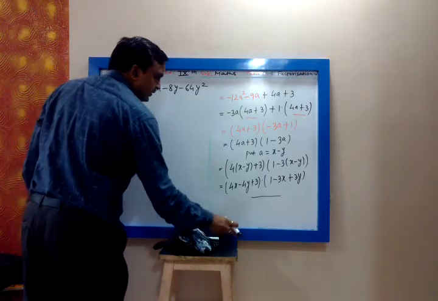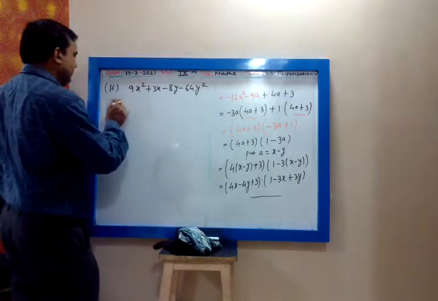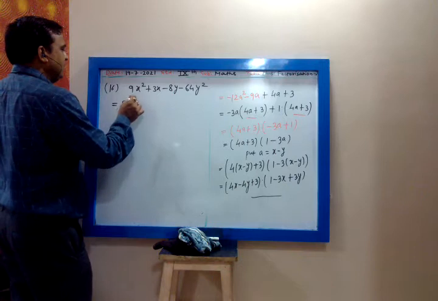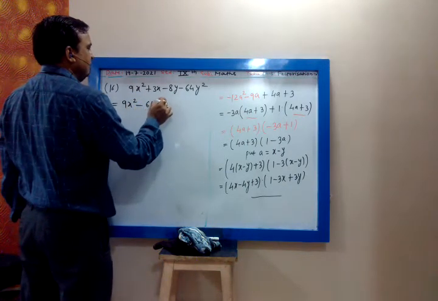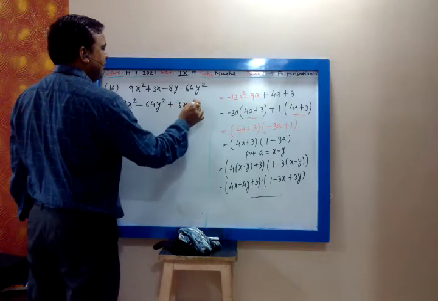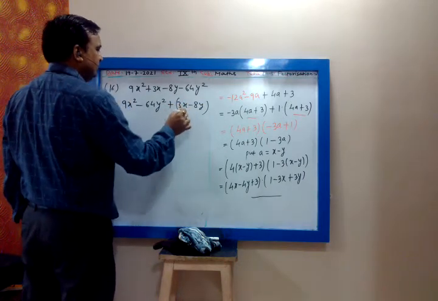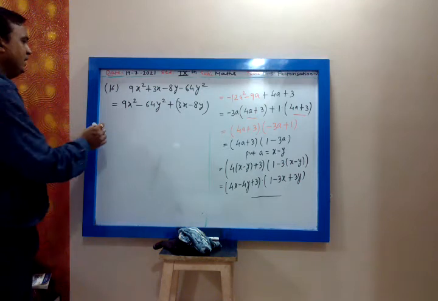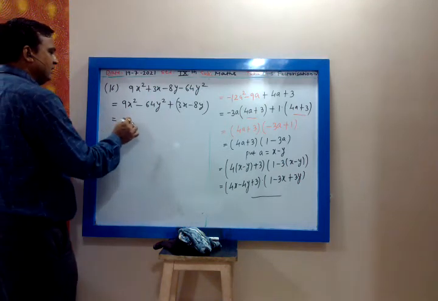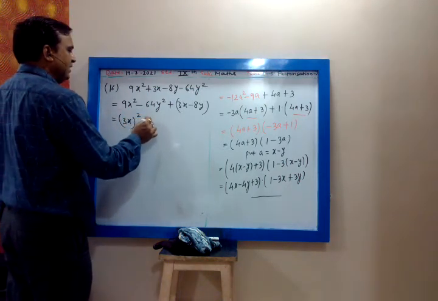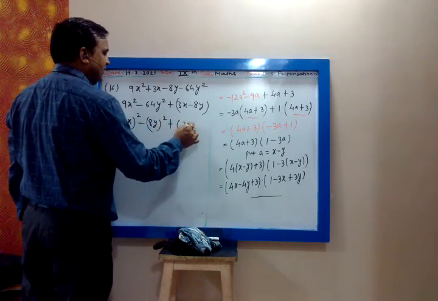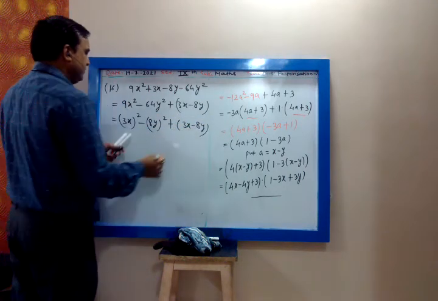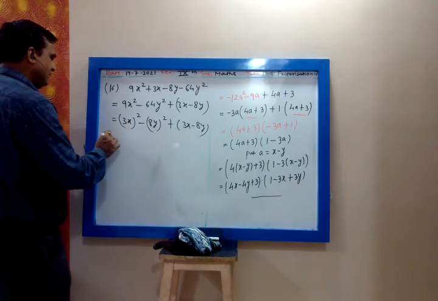Rearranging the terms, this is 9x square minus 64y square, plus 3x minus 8y, I will take together. Then 9x square you write as (3x) whole square and 64y square as (8y) whole square, plus 3x minus 8y. Then this is a difference of two squares, a square minus b square.